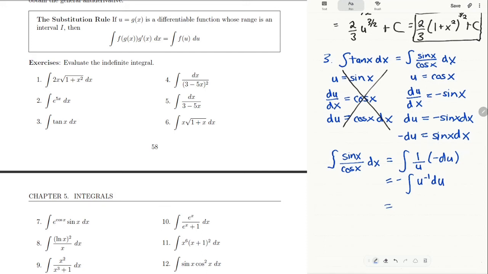If we look in our table of antiderivatives, the antiderivative of u to the negative 1 is equal to the natural log of the absolute value of u plus a constant. And in the last step, we replace u back with the original variable. So this is negative natural log of cos x plus a constant.